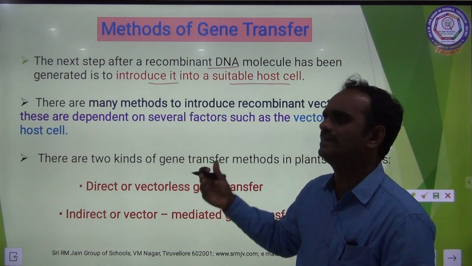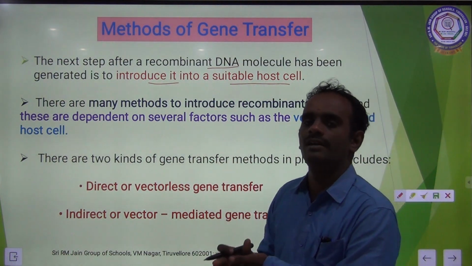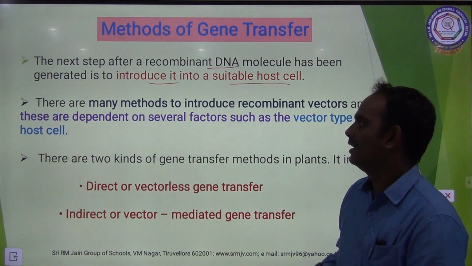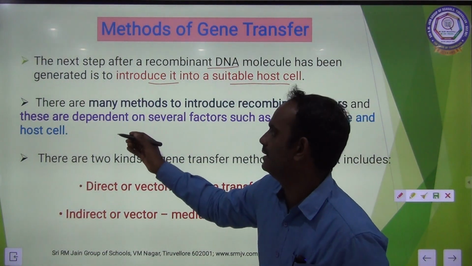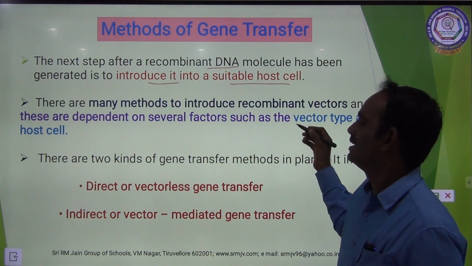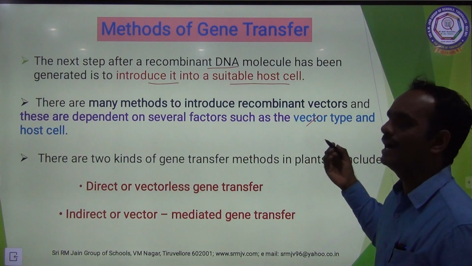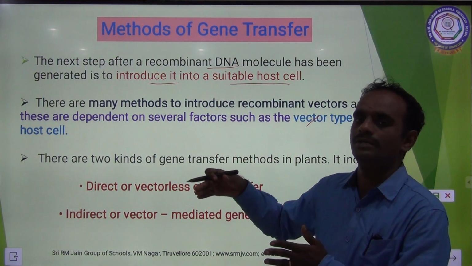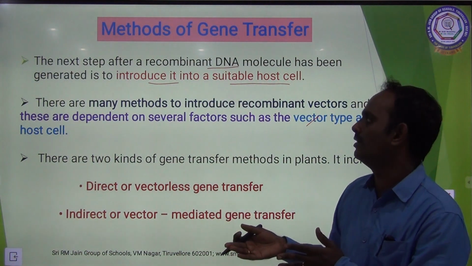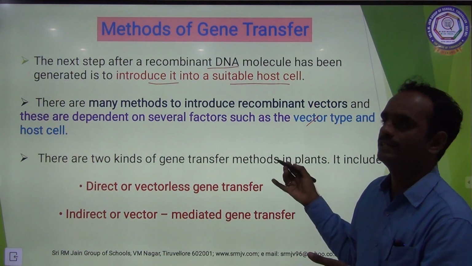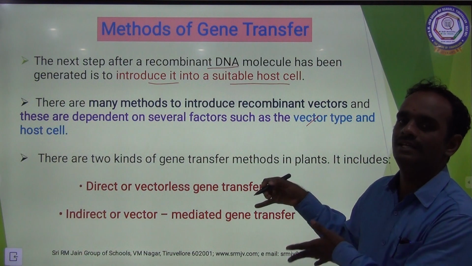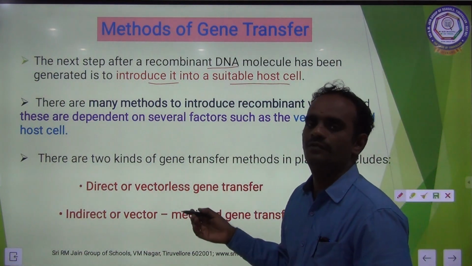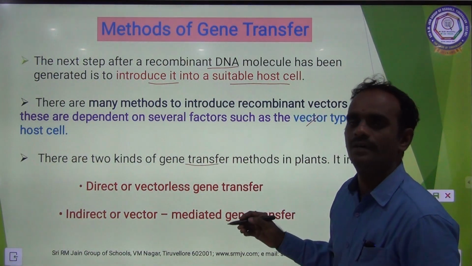There are many methods to introduce the rDNA into the host cell, depending on factors such as vector type and host cell type. So there are two different kinds of gene transfer method.